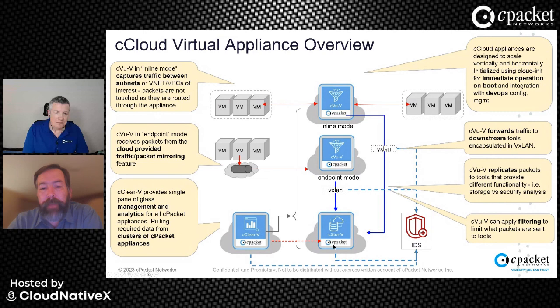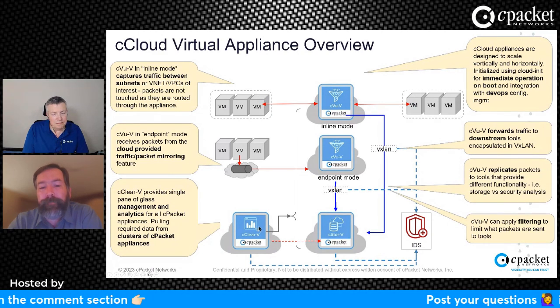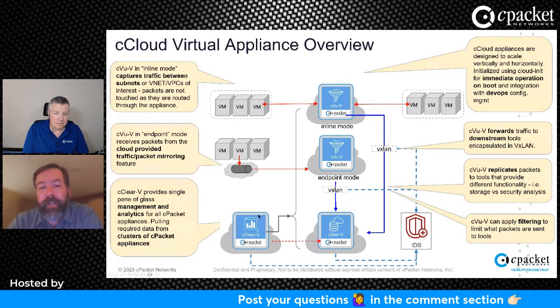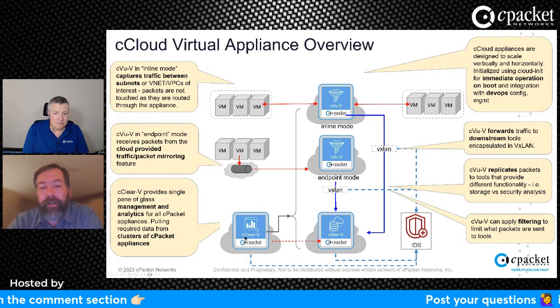And then all of that metadata is made available to the CClear appliance. That appliance can then pull in the metadata and provide a variety of graphical dashboards and tools to query, and it keeps track of that in a time series database. So this is all about presenting and querying the data.